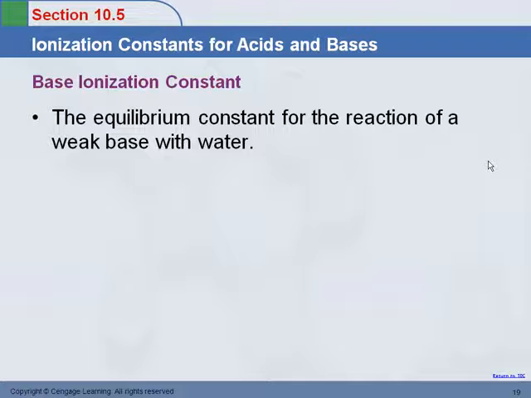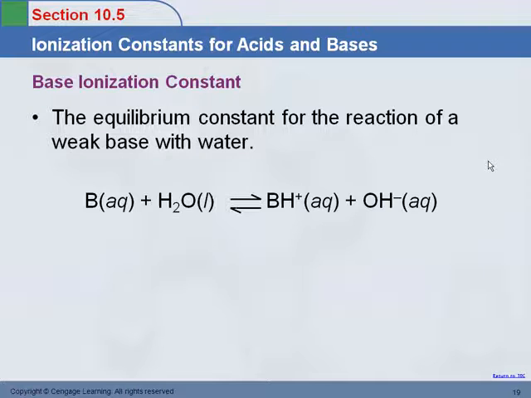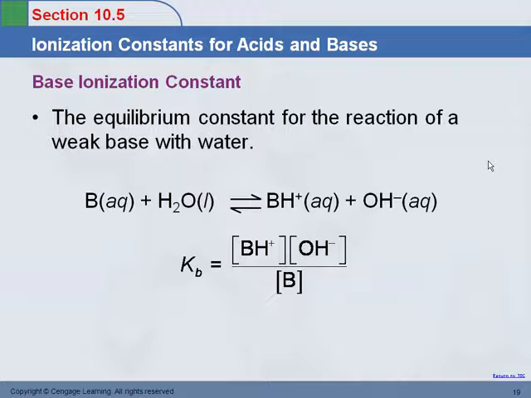Base ionization constant, similar idea, except now you're reacting a weak base with water. And remember, bases are going to be proton acceptors. So my base, generic B here, is picking up a hydrogen from the water, and in the process is forming hydroxide ion, which is really where the base is at. I can write an equilibrium constant expression for this reaction as well. Similar idea to that with the acids, concentration of my products divided by concentration of reactants.